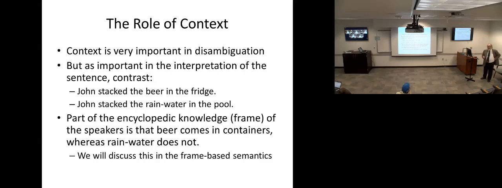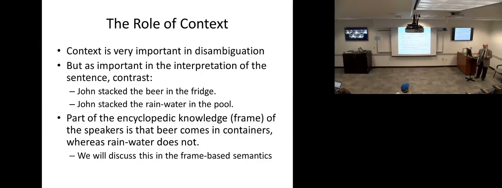I'm sorry? That he was actually doing something with the water, putting it in? Well, yes, but I mean, you can't stack water, except if it's in a container, right? So in other words, we have to imagine that John emptied the pool, and then had bottles of water, for example, and then he stacked bottles of water in the pool.